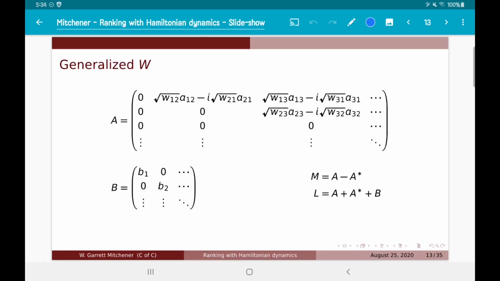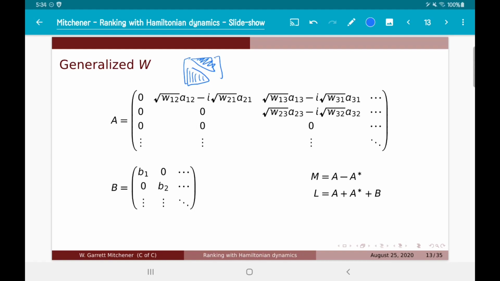It turns out, again, after a lot of trial and error, that taking a weight matrix and splitting it up so that the upper triangle entries appear as real elements in this A matrix, and the lower triangle appears as these complex elements, you can form this matrix A. It's an upper triangular matrix of complex numbers.